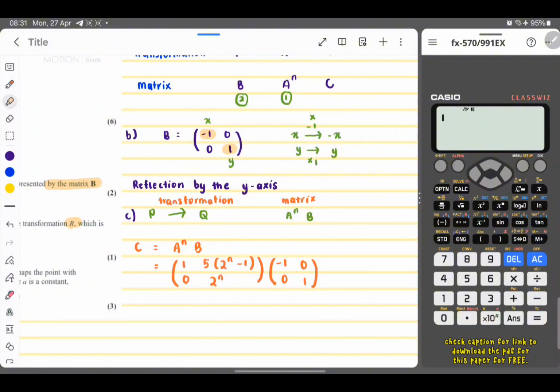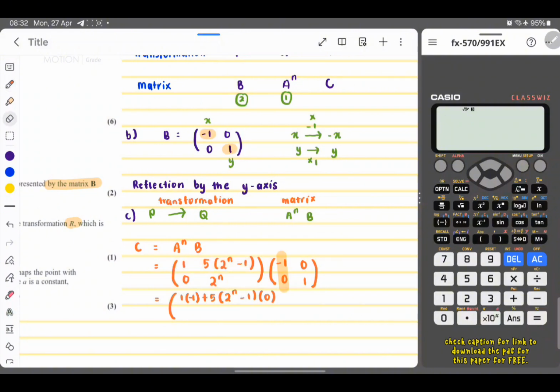Let's consider first matrix, first row, second matrix, first column. So let's write down the element from the first matrix: 1, give it a bit of space, plus 5 open bracket 2 to the power of N minus 1. Let's consider the elements from the second matrix. It will be -1 here, 0 here.